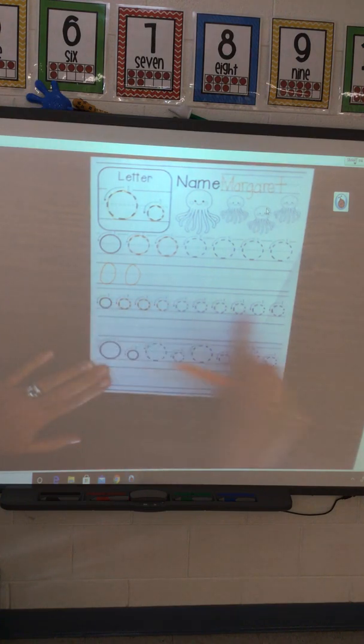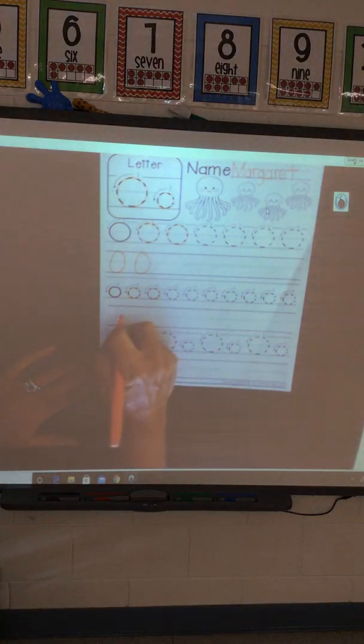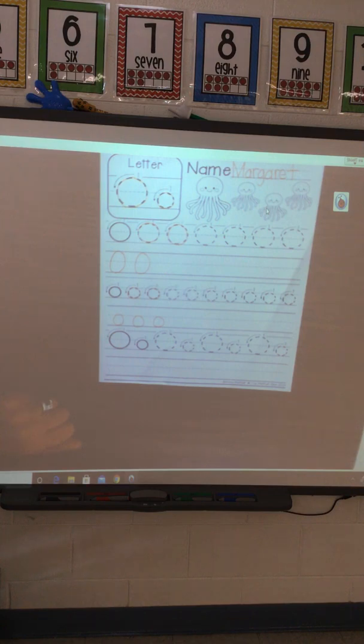You're going to do that whole line. Then you're going to write a line of lowercase O's starting at the dotted line. Leave a space in between. And then just like we did the other day for the letter C, we're going to do uppercase, lowercase, uppercase, lowercase.